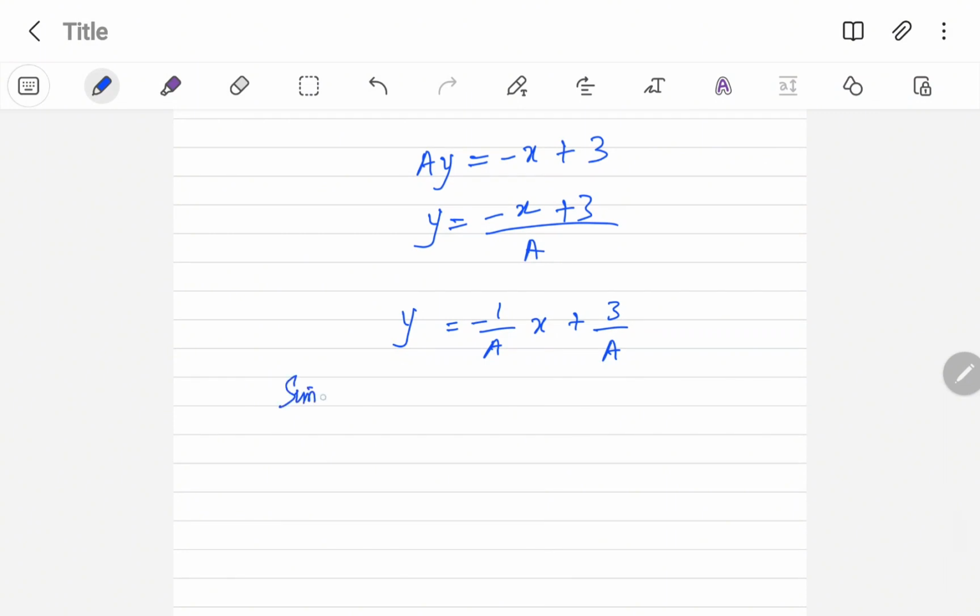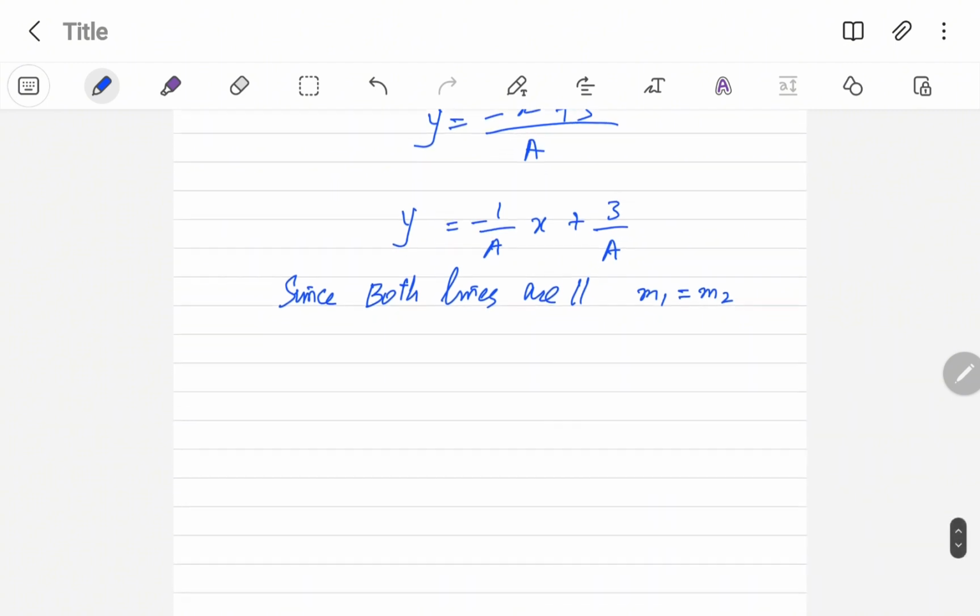Since both lines are parallel, their gradient should be equal to each other. So we will compare them. Y is equal to minus 1 over a x plus 3 over a.